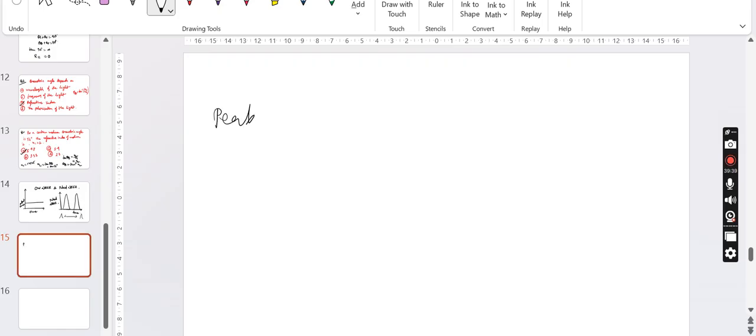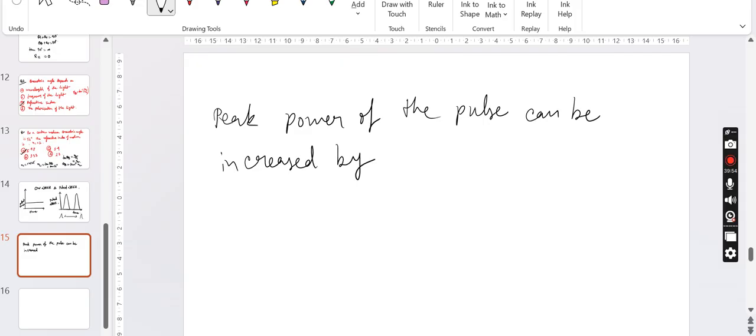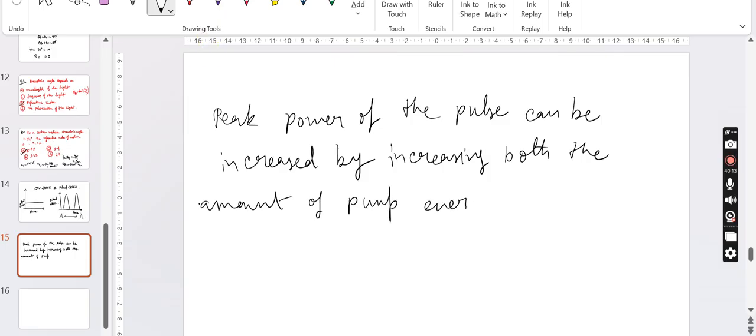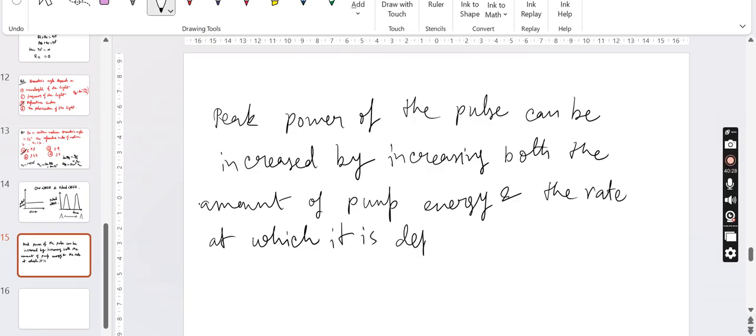And the peak power in a pulse laser can be increased by increasing both the amount of pump energy and the rate at which it is deposited into the media.